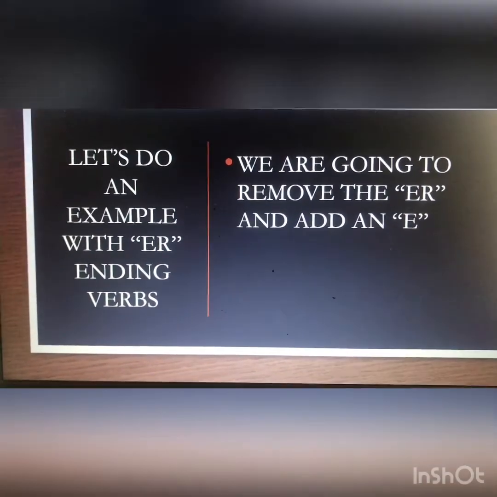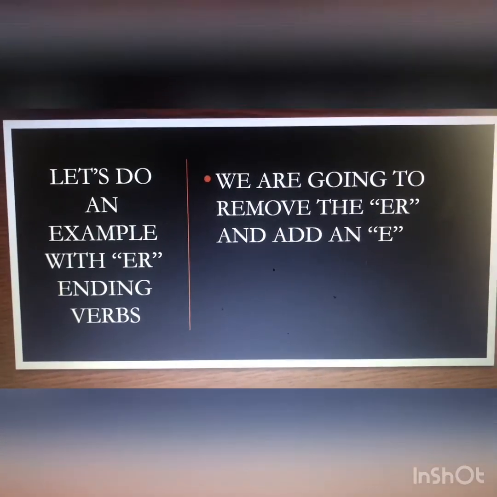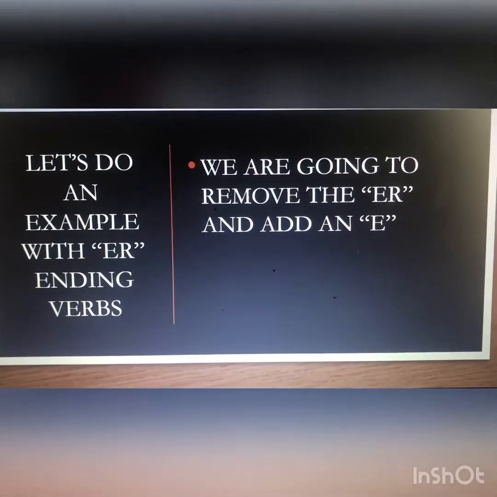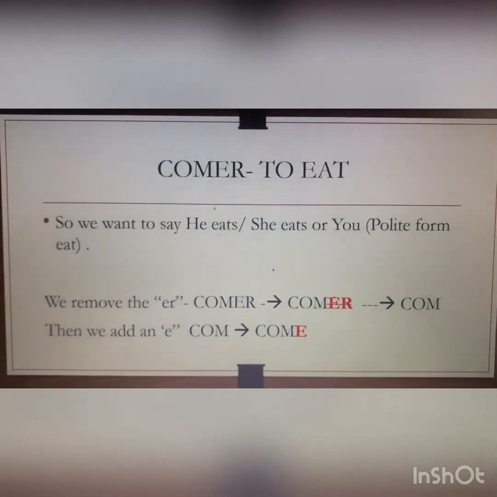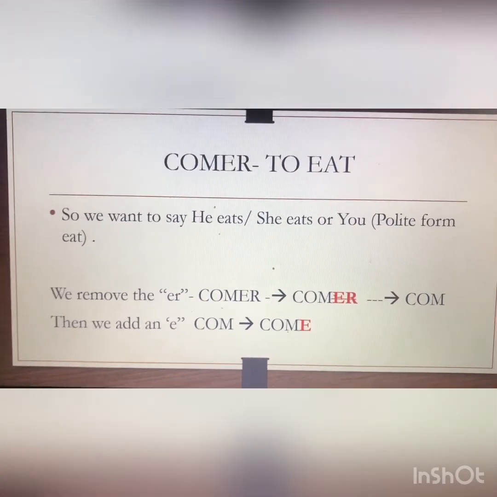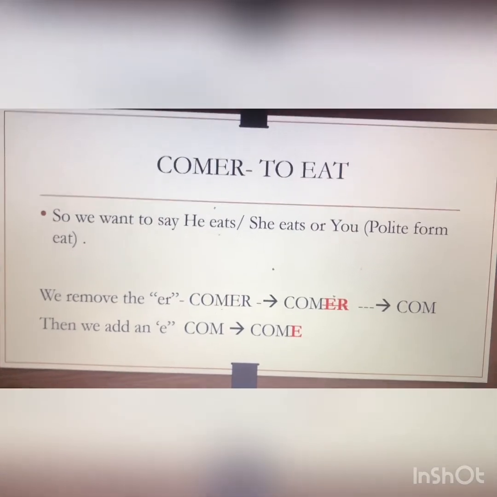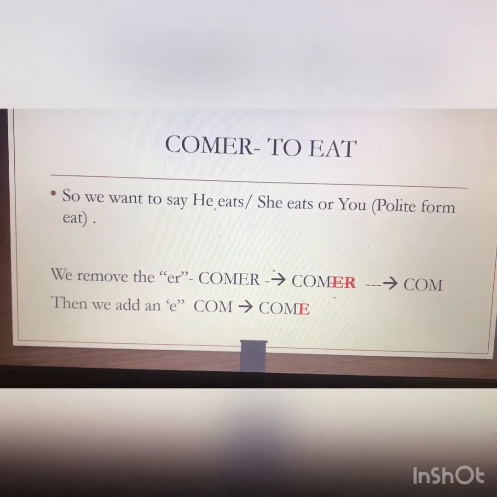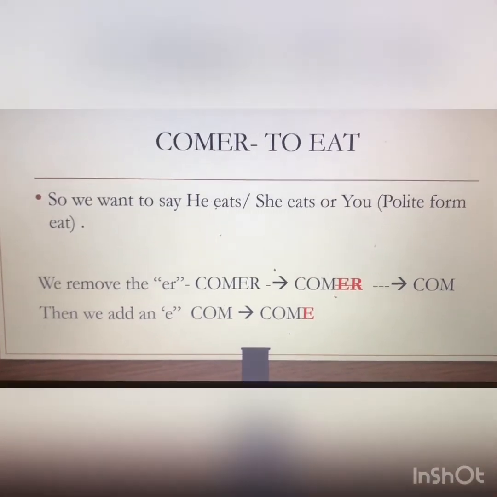We're going to do an example with an ER ending verb. Now remember, for ER ending verbs, we remove the ER and we add an E. So let's do comer. Now comer significa to eat. So we want to say he eats, she eats, or you, the polite form, eat, right? So step 1, we're going to remove the ER.